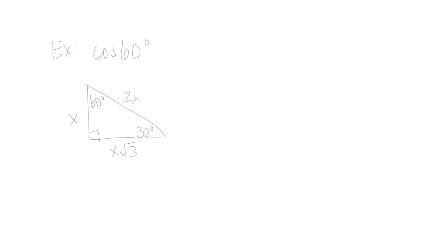Cosine of 60 is going to be adjacent over hypotenuse. So adjacent is x, hypotenuse is 2x. So x over 2x is 1/2. So the cosine of 60 is 1/2, and I'm done. Notice I did not type anything into a calculator, I just used my triangle.